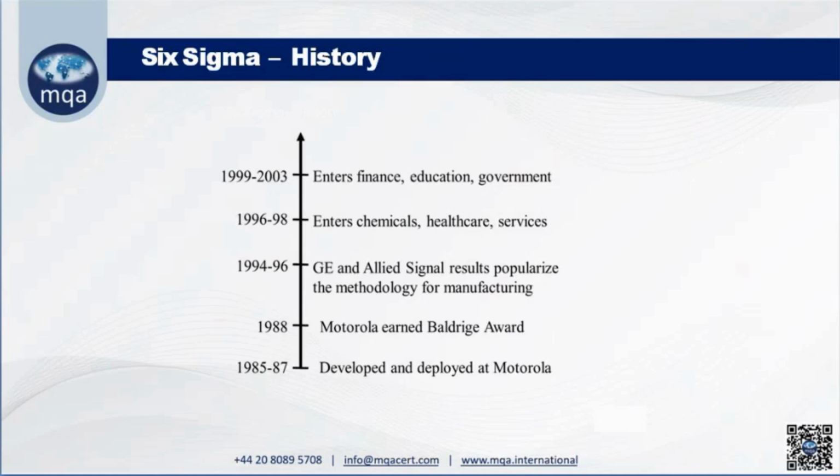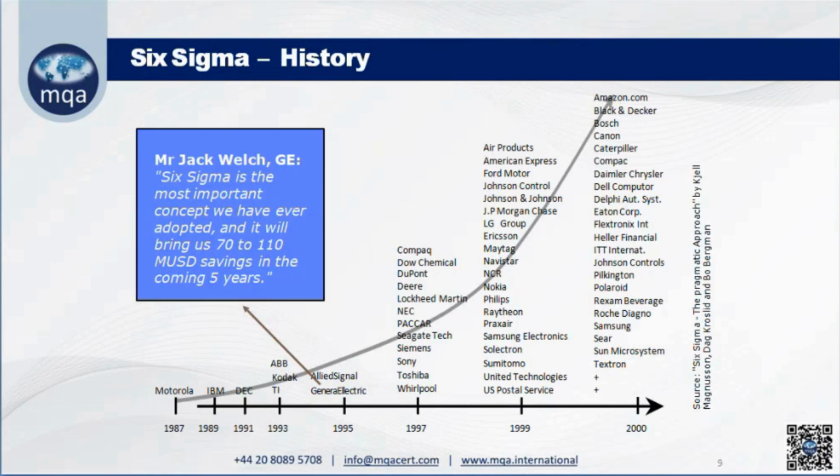But this started sometime in the 80s by Motorola, as a model. They evolved it, and later on, multiple organizations, GE, Allied Signals, different industries, finance, education, government, everybody has picked it up and deployed it, at least at green belt level, in their own organizations, in small departments. They have started exploring it. But Motorola was the first organization which actually started implementing it. IBM, DEC, ABB, Kodak, Allied Signals, GE, look at the list of organizations.